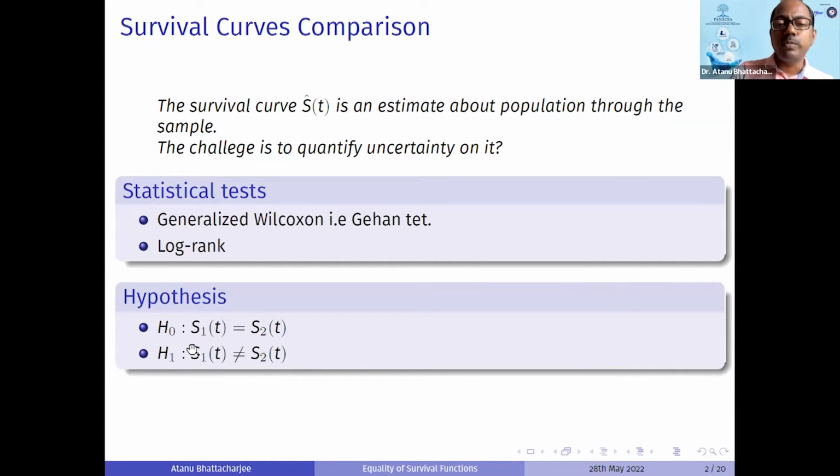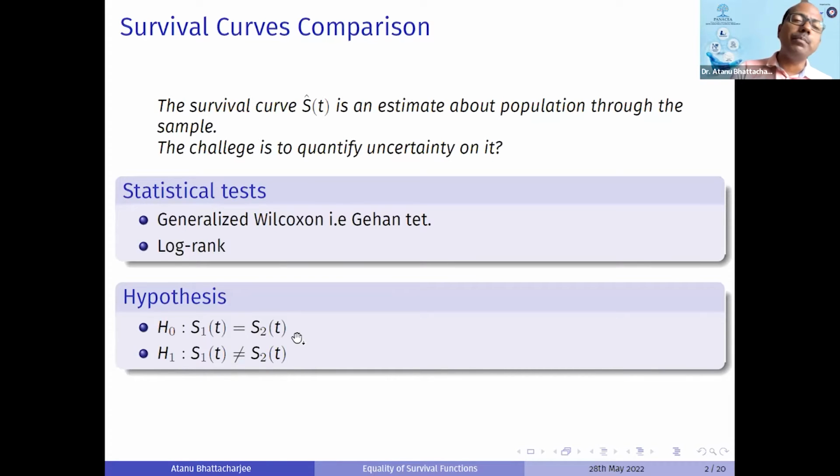This difference could be anything. If S1T is higher than S2T, that means people treated with the S1 group have better survival than the S2 group. If S1T is less than S2T, that means people treated with the S2 group have better survival than the S1 group.